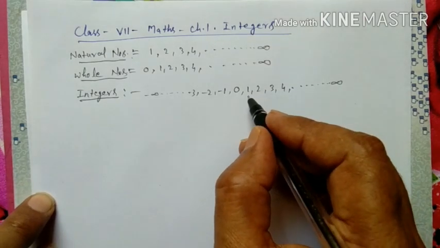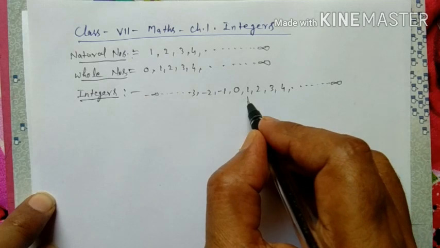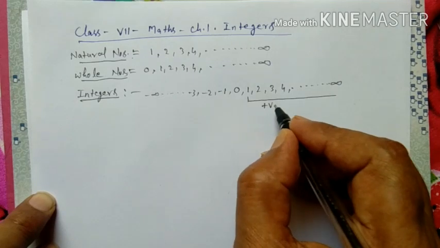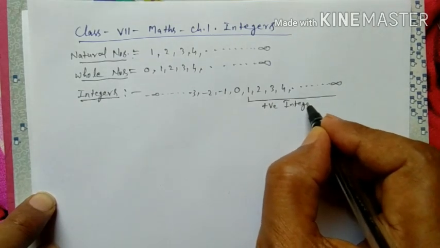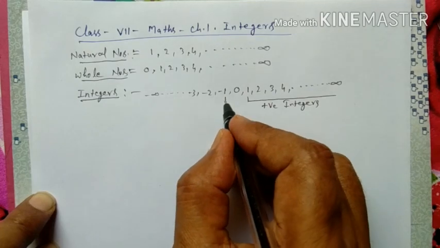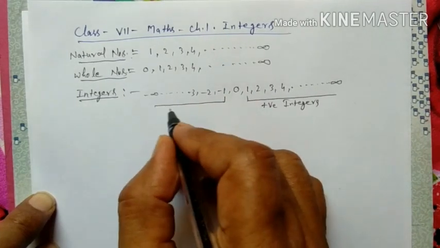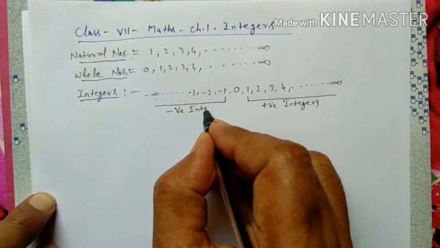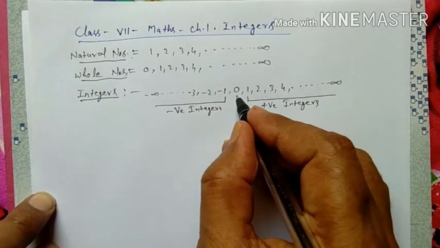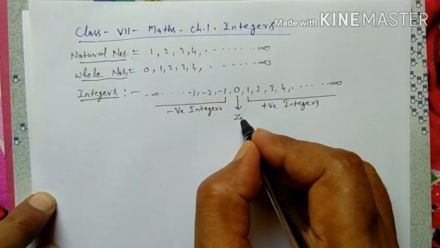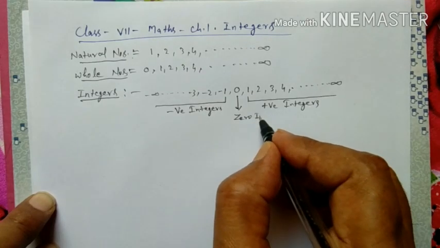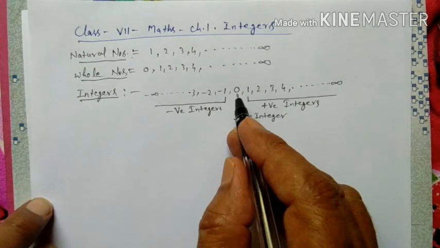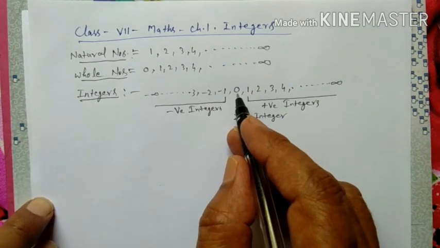The numbers starting from 1 toward the right hand side are known as positive integers, and the numbers starting from -1 in this direction are known as negative integers. 0 is called the zero integer. 0 is neither a positive nor a negative integer.